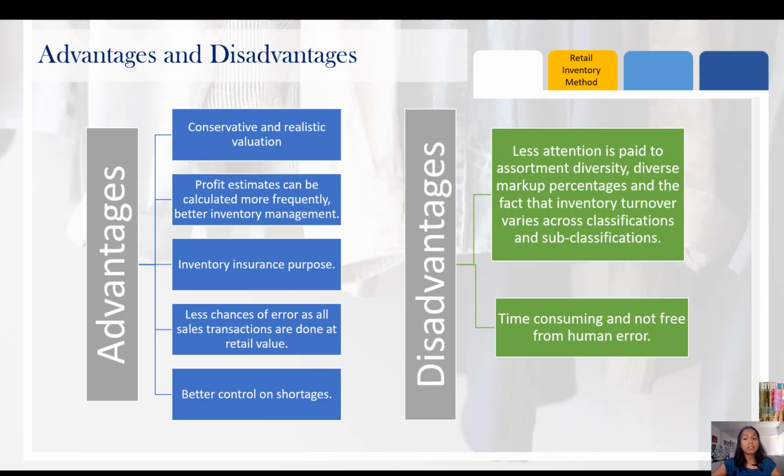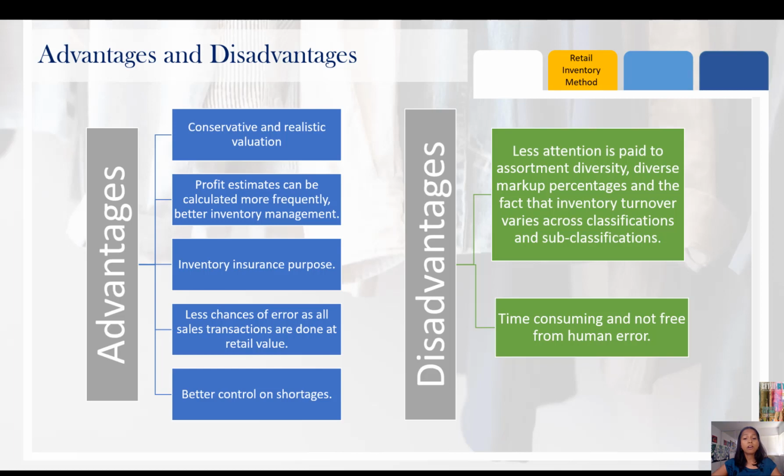Some of the disadvantages of the retail inventory method are that, because this method is an averaging procedure, a major disadvantage is that little attention is given to the merchandise assortment that has a wide variation of markups as well as differing turnover rates. For example, low markup merchandise usually sells with greater frequency, a higher turnover rate, compared with merchandise with large markups.